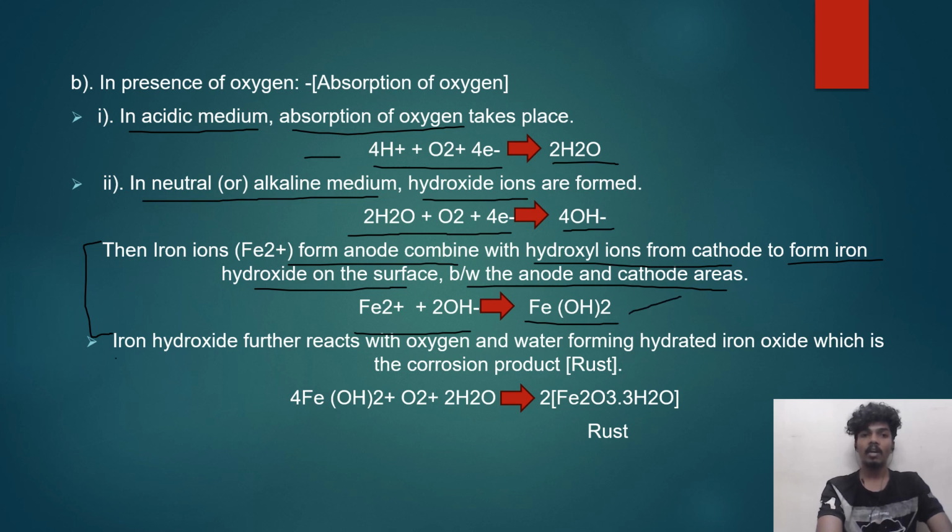Then the iron hydroxide further reacts with oxygen and water, forming hydrated iron oxide, which is the corrosion product rust. The chemical reaction is 4Fe(OH)2, which is 4 molecules of iron hydroxide, plus oxygen plus 2 molecules of water gives rise to 2 molecules of Fe2O3.3H2O, which is nothing but the rust.